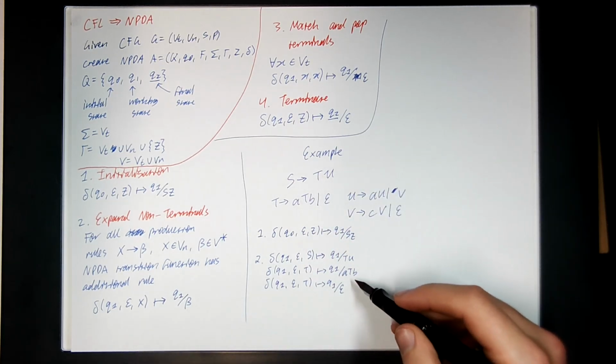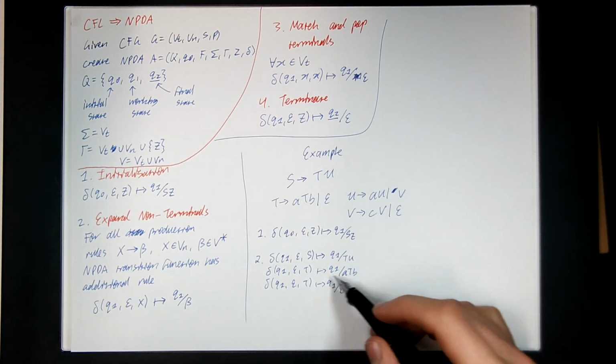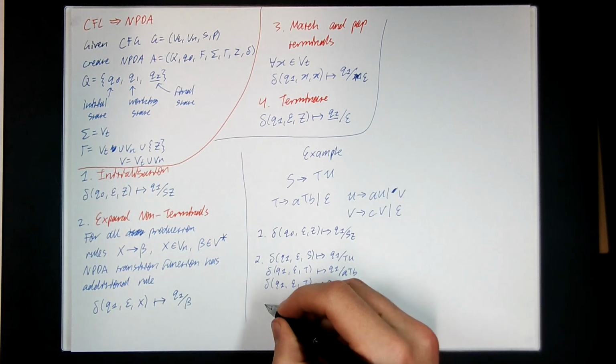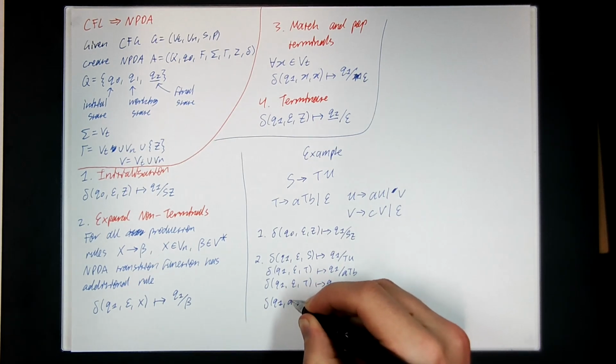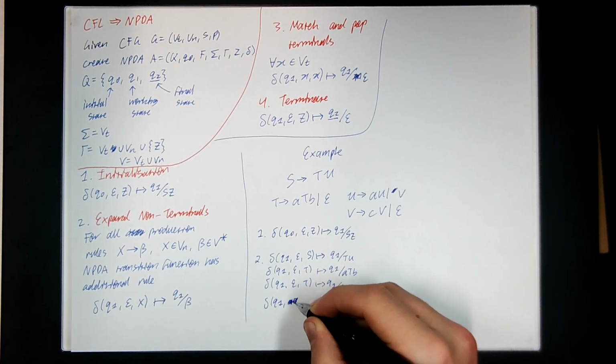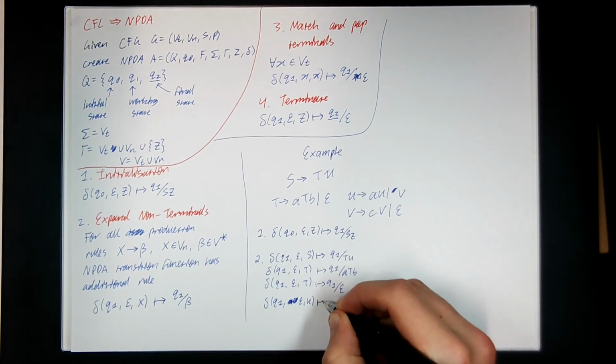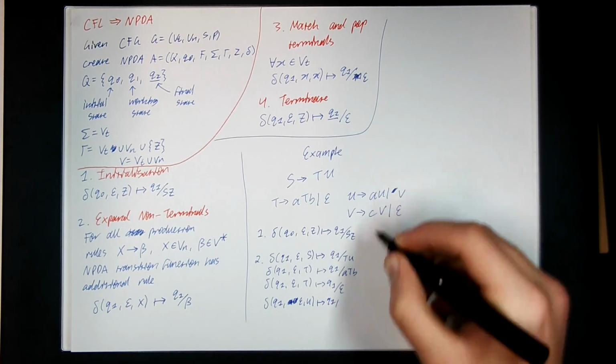Because this grammar can pick one of these two options, this NPDA is going to be an NPDA. It's going to have non-determinism, because here I can choose which path to take. Okay, we continue. Q1, epsilon, U goes to Q1, AU.